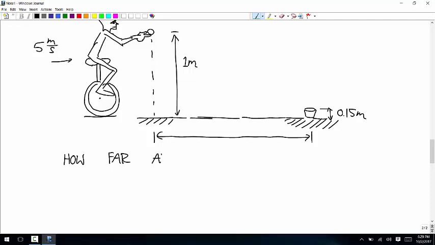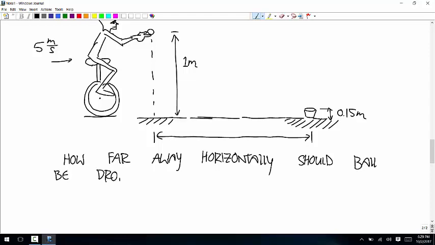So how far away horizontally should the ball be dropped so it lands in the cup?